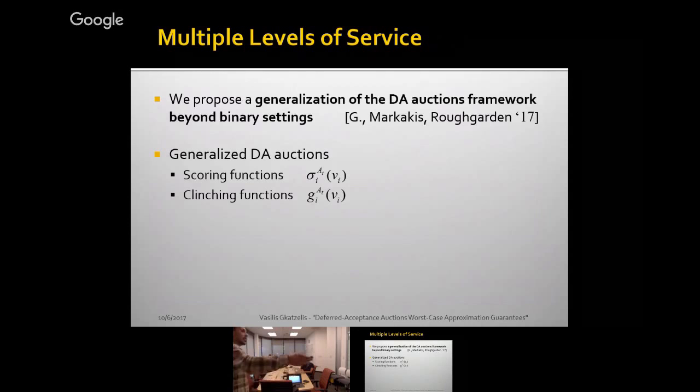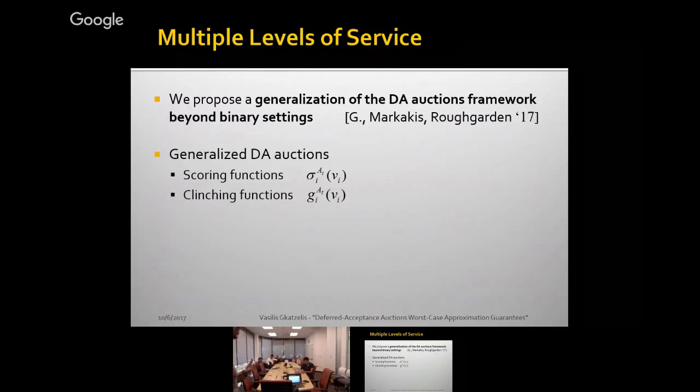We define this class of generalized deferred acceptance auctions, where just like before, we have a scoring function for every player that is adaptive, changes from round to round, and so on. The new thing is we add a clinching function.